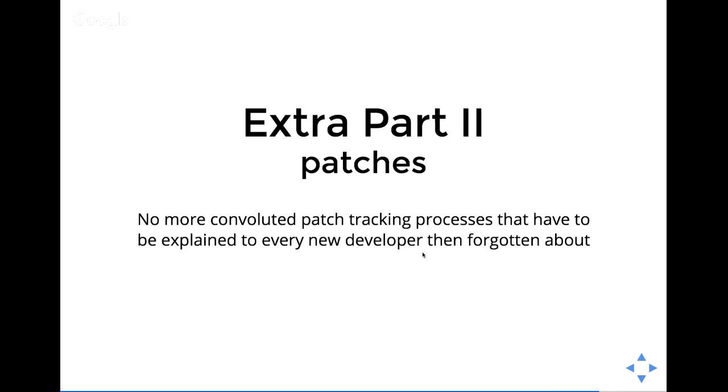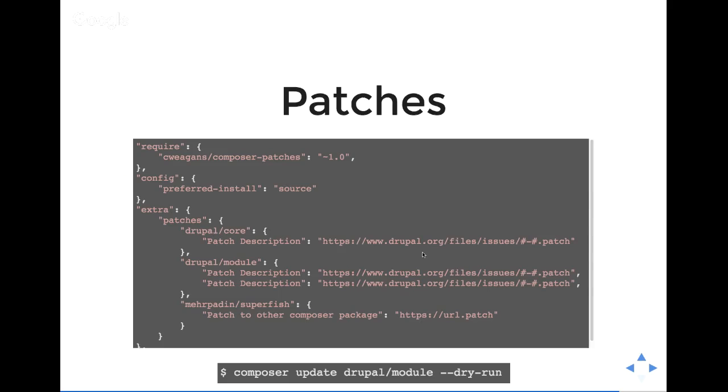Some people have a directory where they stick the actual patch file. So you can keep track of what changes you've done. I'm not talking about hacking core or hacking a module. I'm talking about patching it. But you have to have some way to keep track of changes that you've applied to some sort of contrib package. And that's what this looks like.